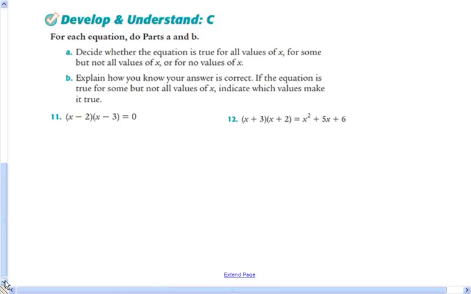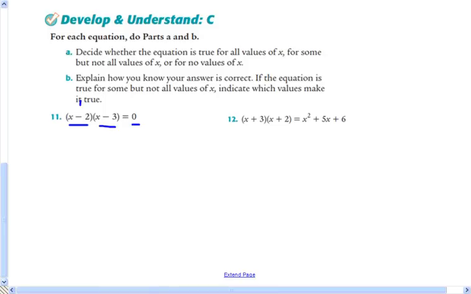Well, in this first one, if we look at this expression in factored form, we want those two things multiplied to equal 0. One thing you've probably discovered is the only way you can multiply numbers and get 0 is if one of the numbers is equal to 0.